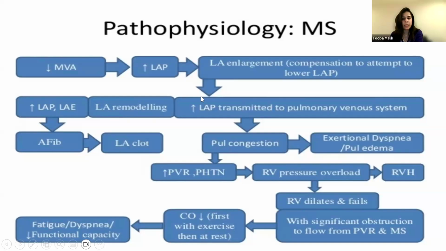So as you can see, you can have fatigue, dyspnea, your functional capacity reduces automatically. You can have signs of right-sided heart failure. So for instance, if you have a patient in BitePACES and they're looking sort of fluid overloaded to you, they've got a raised JVP, peripheral edema, RV heave, you would wonder what else is going on.